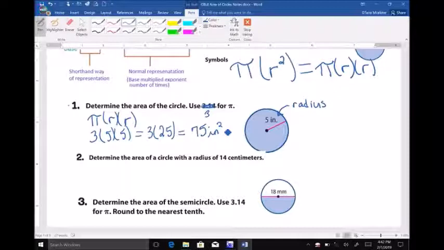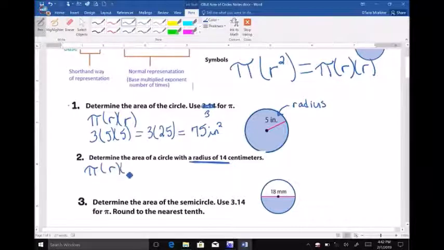Let's take a look at number 2. Number 2 tells you it has a radius of 14. So if we have the area of a circle is pi times radius times radius, this will be 3 times 14 times 14, and I will do 14 times 14 first.